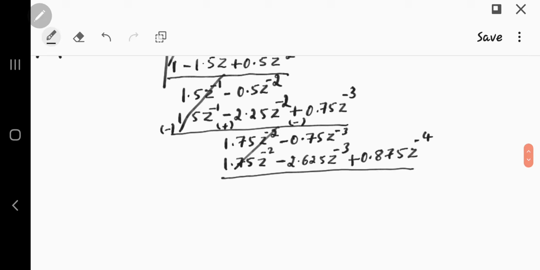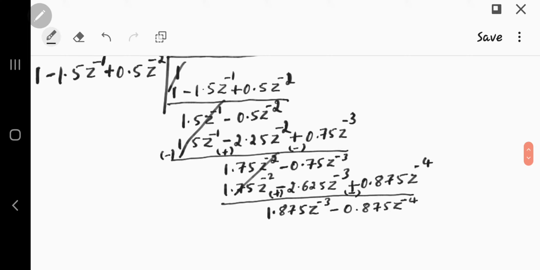So first term will get cancelled, and here the sign is plus and here the sign is minus. So 2.625 minus 0.75, so will give you 1.875 Z power minus 3 minus 0.875 Z power minus 4.